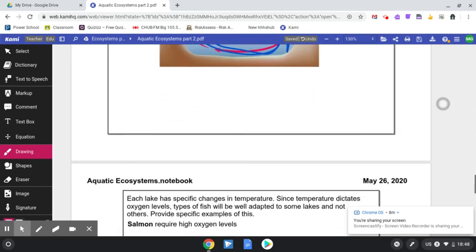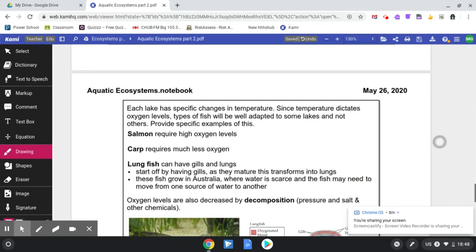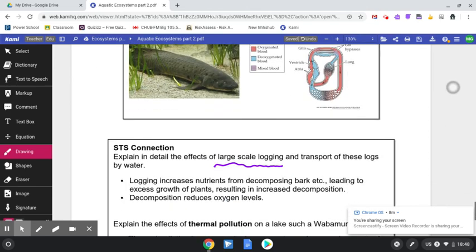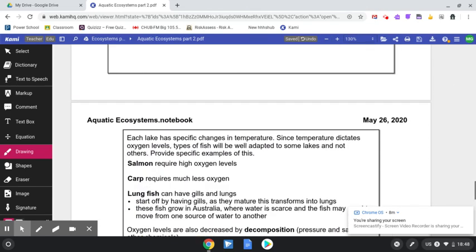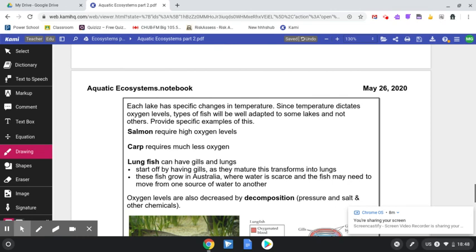All right, moving on. Let's talk about a few organisms that live in each of those four seasons. Each lake has specific changes in temperature, which is pretty common sense. The temperature determines the amount of oxygen levels.